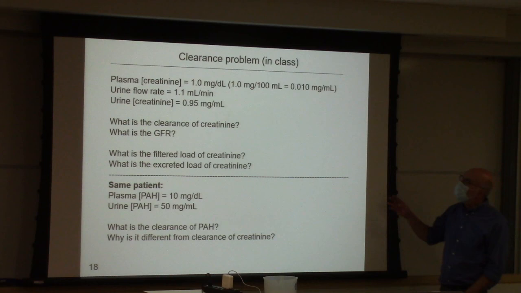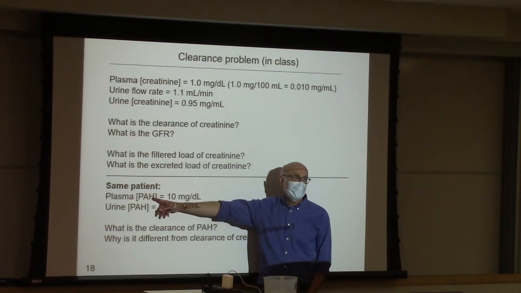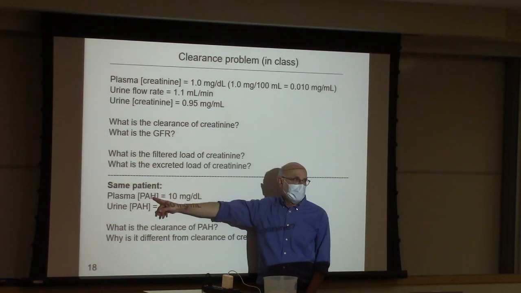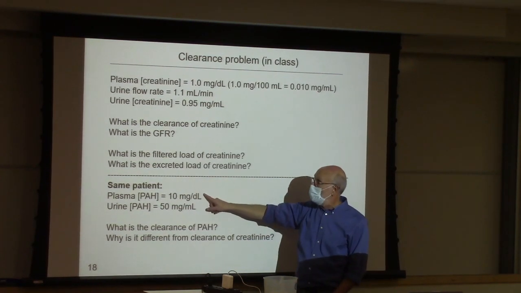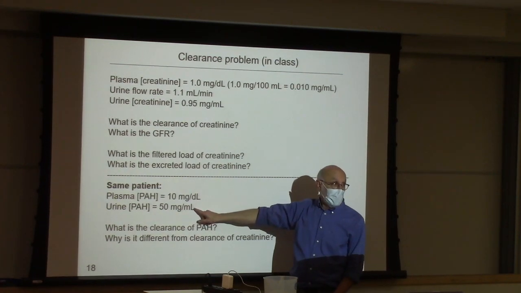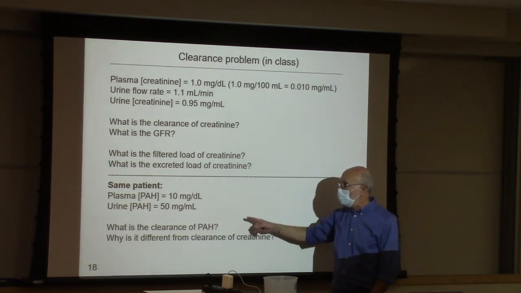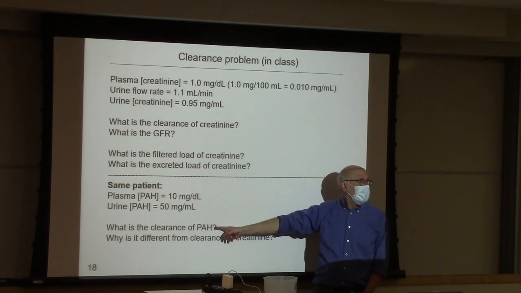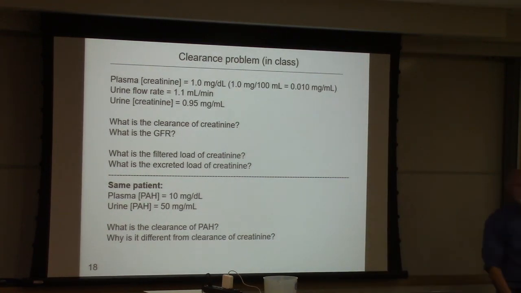In fact, you can go through the calculation for para-aminohippuric acid, the PAH. 10 mgs per deciliter, 50 mgs per mil. Plasma concentration, urine concentration. Calculate the clearance of PAH, because we want to discuss that when I reveal the answers.